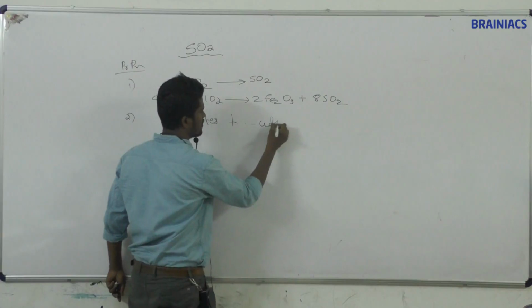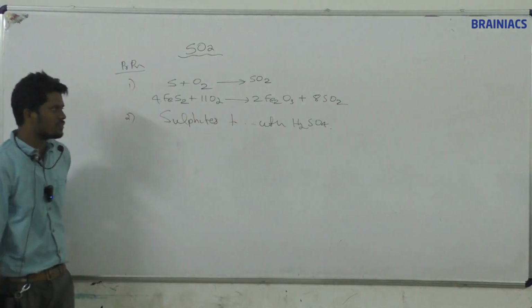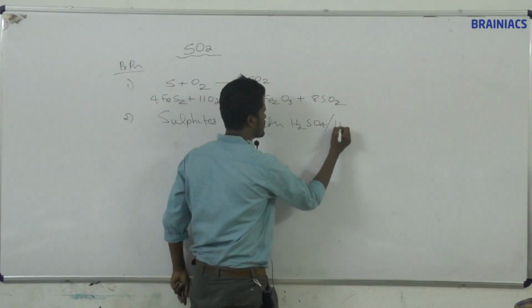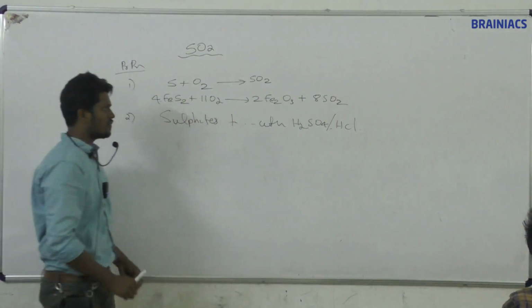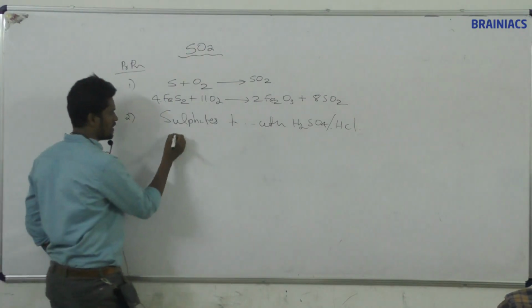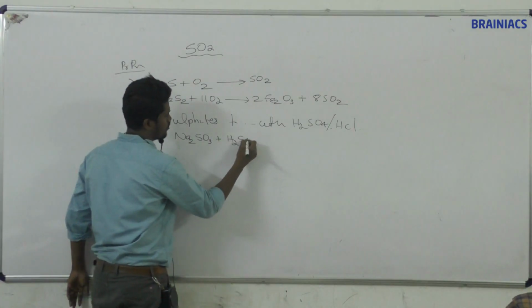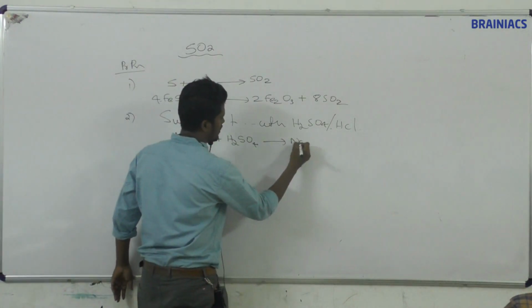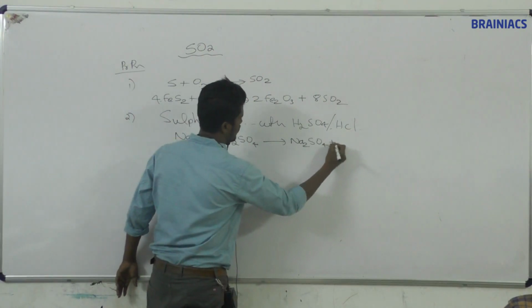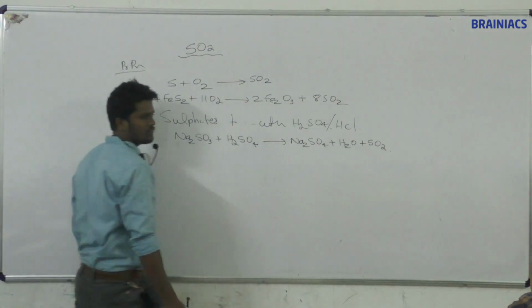Sulfides treated with H2SO4 or HCl. Na2SO3 plus H2SO4 gives what? Na2SO4 plus H2O plus SO2.